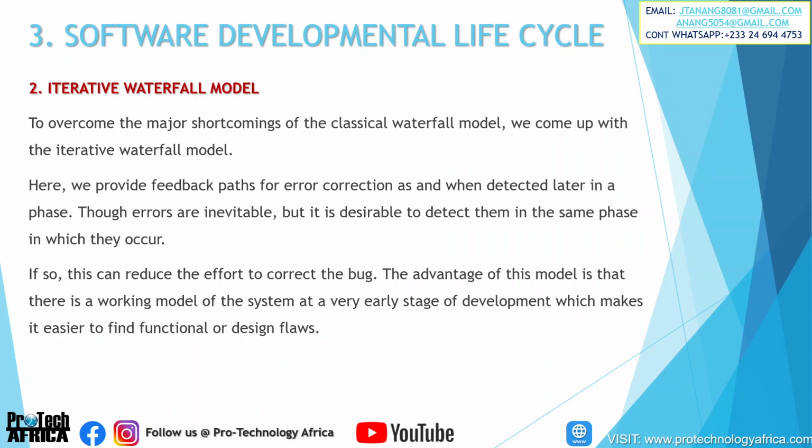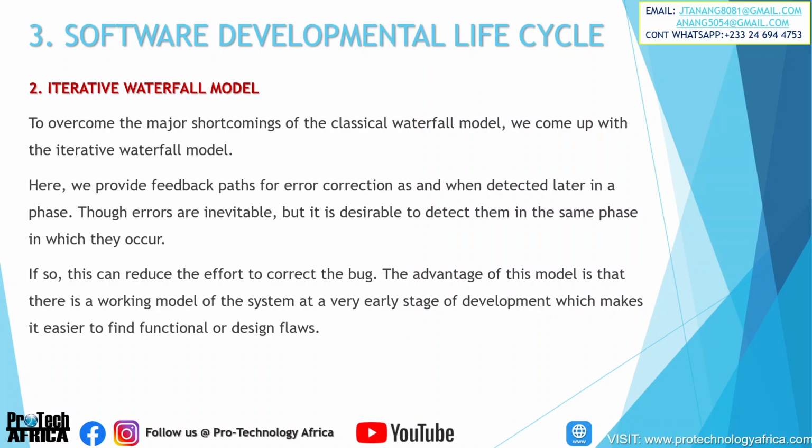So over here, the iterative, just as the word says, at every stage there is the need for us to find out if there are errors somewhere, work on the errors, correct them, and then move on to the various stages. Even if we move on to the next stage, we can still come back and rectify some errors at the stage that has already been completed.